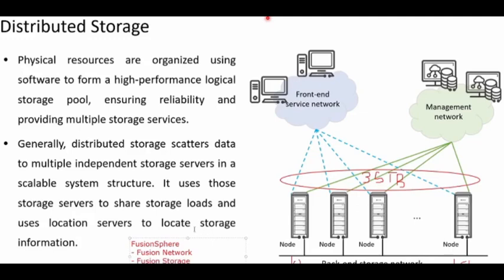These are the three things inside FusionSphere that cater for virtualization. FusionSphere is the main product. If you want to see a cloud environment, it's derived from OpenStack, right? So basically you use FusionSphere, derived from OpenStack, to virtualize all the physical storage into one big storage pool, all the network into one big network pool, and all the compute, the CPU and memory and all that, into one big compute pool.